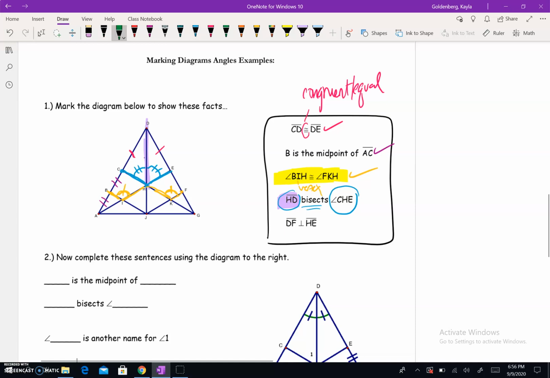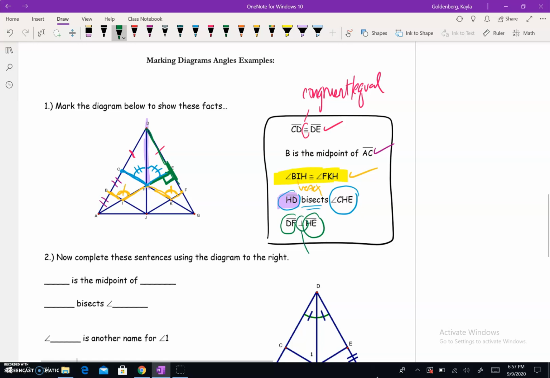The last one here is saying that segment DF, so I'm finding D and F. So DF is kind of right here. So segment DF and segment HE is right here. It's got a symbol in between them, and if you kind of look at the parts that I've done green, you'll see that they make a nice right angle. I'm going to do a little right angle symbol.